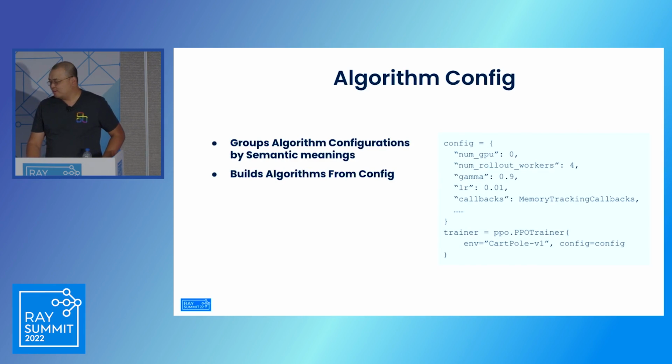So the very first thing I'm going to talk about is one of my favorites, which is the algorithm config feature. We probably spent maybe a quarter of time on it. If you've used RLlib, you have probably dealt with this thing called the configuration dictionary. It's a flat dictionary with around 200 configuration fields, and everyone gets really confused, and it's really hard to spot any specific thing that you put in there.